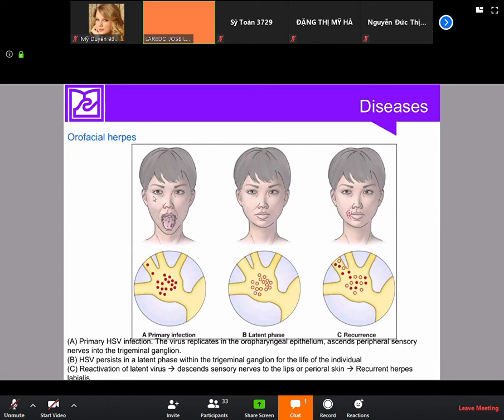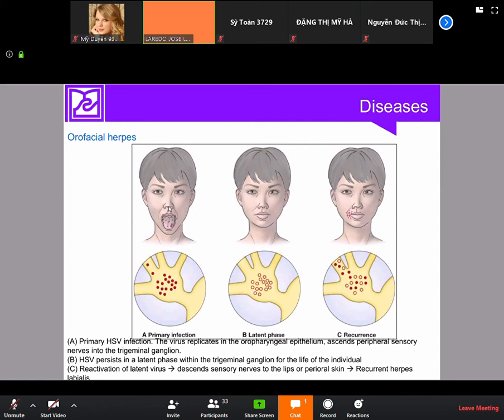Look, this picture shows you the orofacial infection. This is called gingivostomatitis. The gingivostomatitis is found in the mouth and is very painful. Gingivostomatitis, the primary disease, appears for a few days.